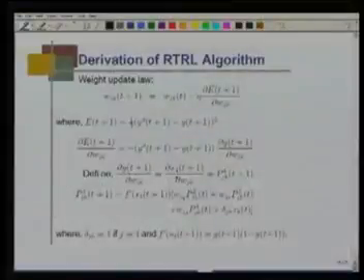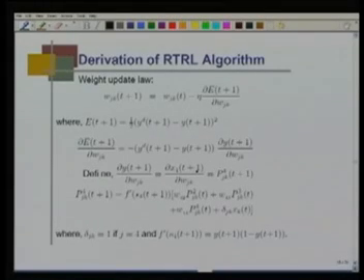So, y is x4(t+1), and we will define this particular function as p_jk^4. That means the differentiation of x4(t+1) with respect to w_jk is p_jk^4(t+1), and the same thing computed at t is p_jk^4(t).